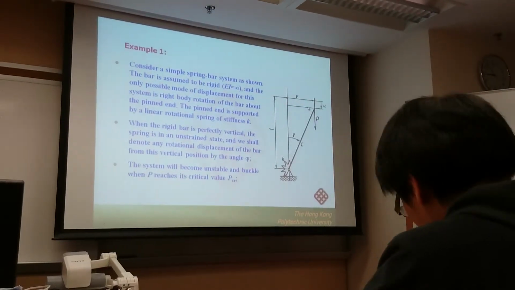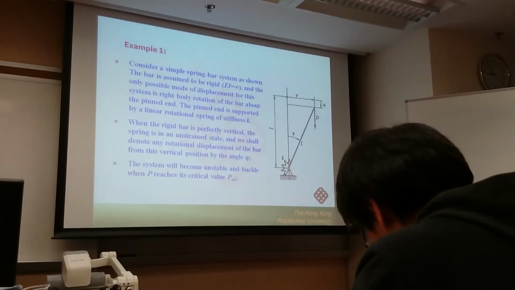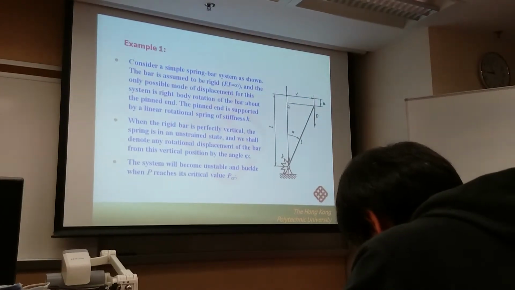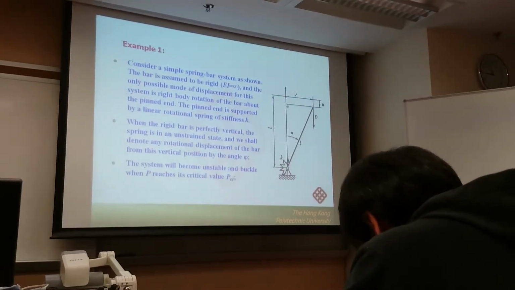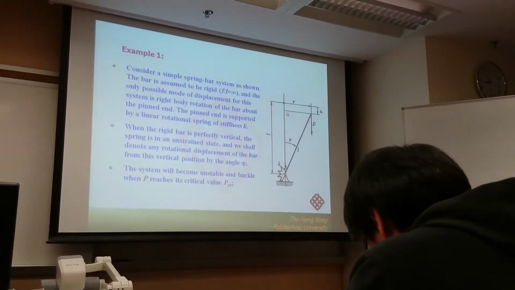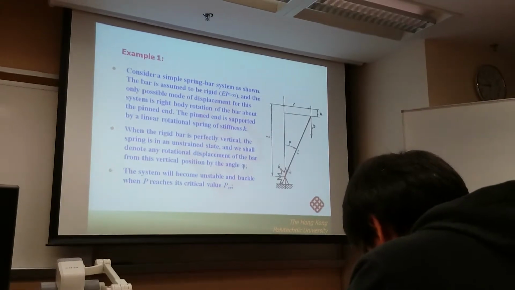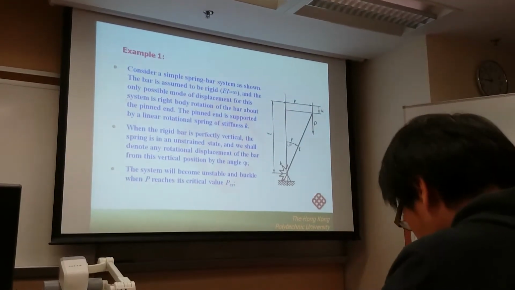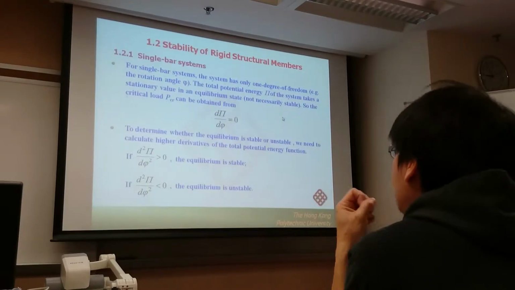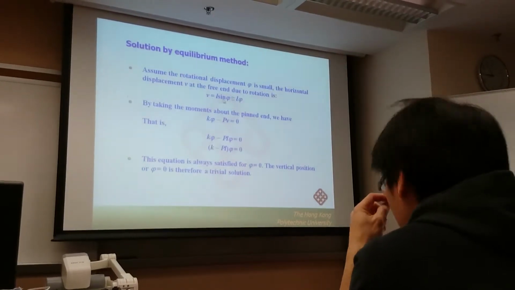This displacement is due to the rotation. It is the distance from the original location to the new location. So the horizontal distance is equal to A times the sine of the angle, sine phi. This is the horizontal deflection.